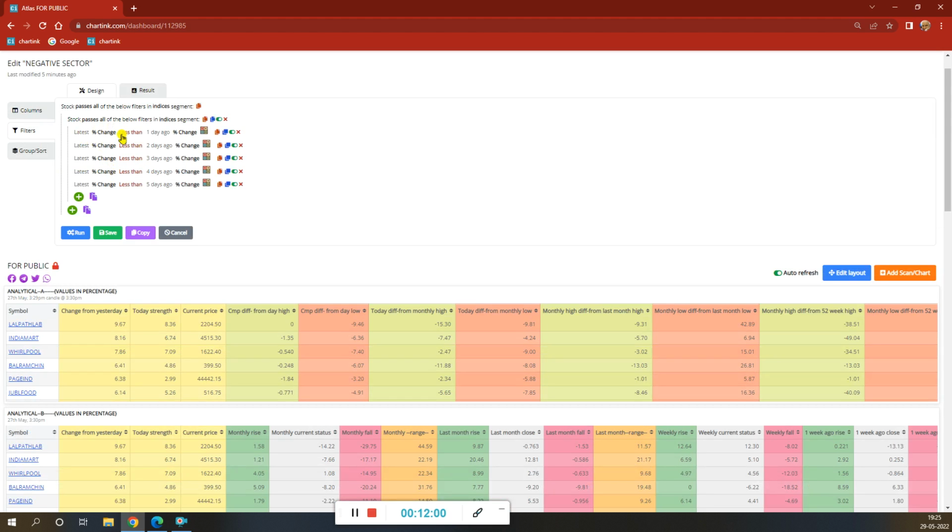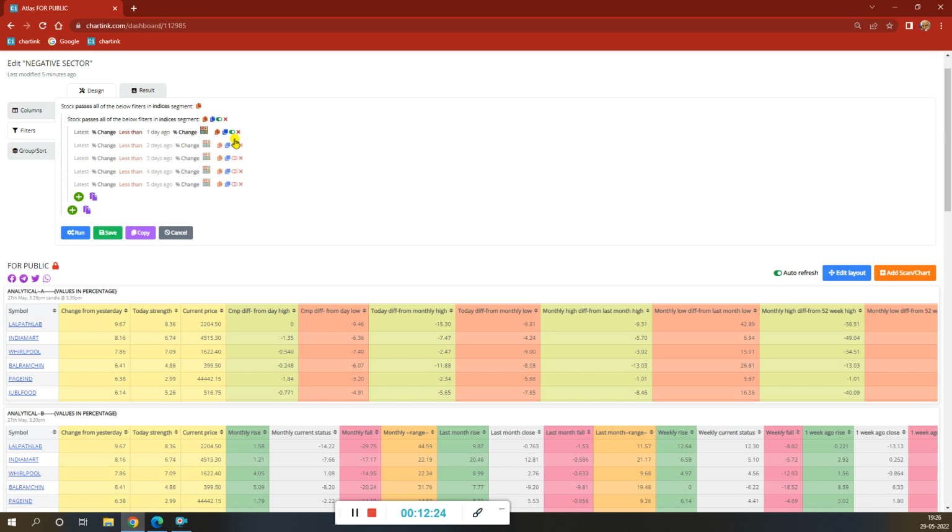I have compared today's percentage in indices in comparison to 1 day, 2 days, 3 days, 4 days and 5 days. So if somebody would like to keep only the comparison between today and yesterday, that is okay for them.